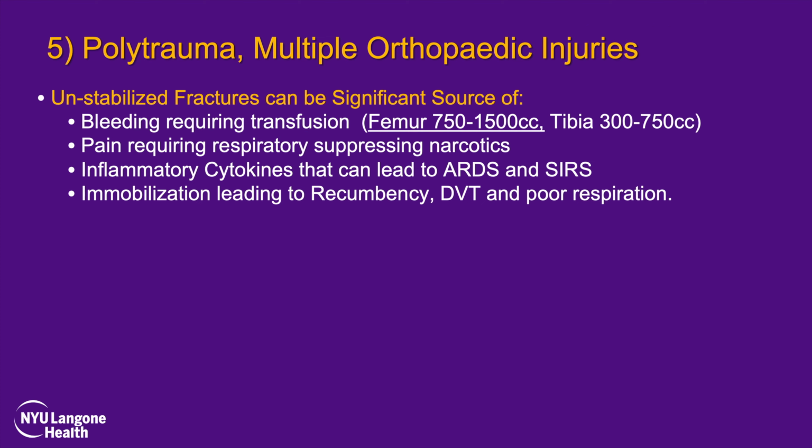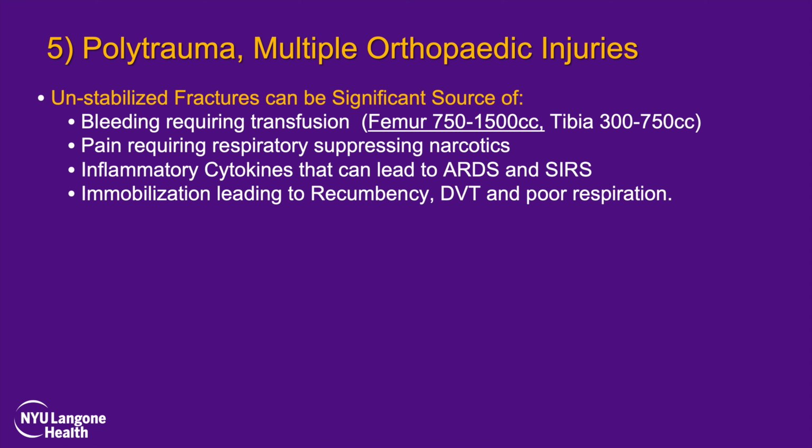What about polytrauma, multiple orthopedic injuries? The unstabilized fractures can be a significant source of bleeding. Each femur is 750 to 1500 cc's of blood, tibias 300 to 750. You can add them up pretty quickly and get yourself into class 3 hemorrhage. These are painful injuries.